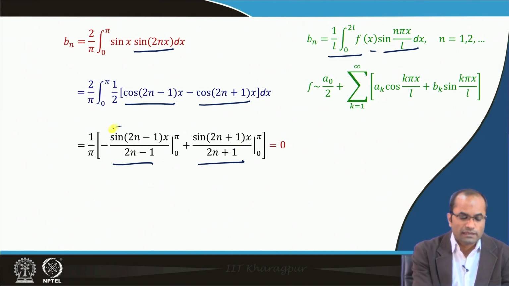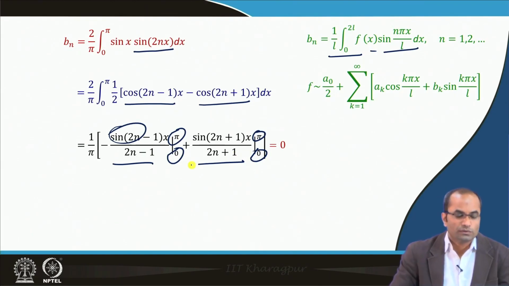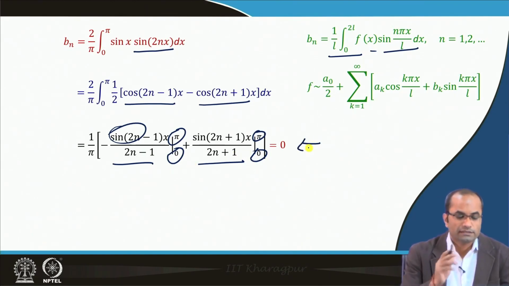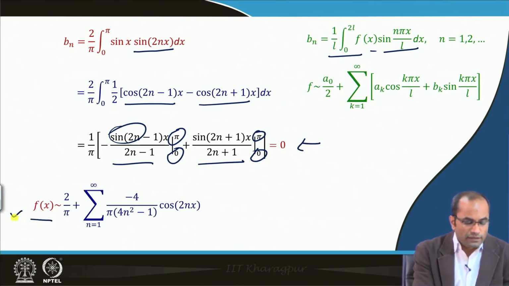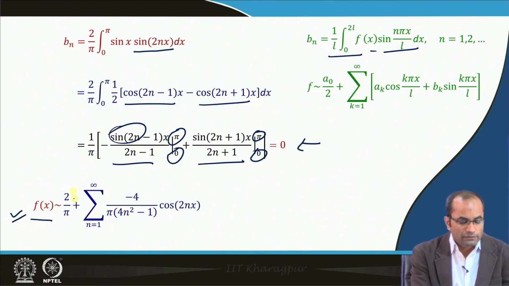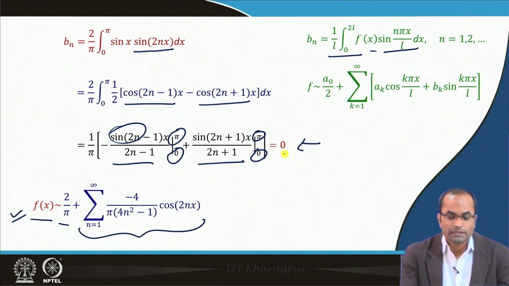Since the sine is here, whether we put pi or 0, this will be 0. So at the end we realize that b n is 0, and f(x) we can write down as a naught by 2, which was 2 over pi, plus the sum of a n cos 2nx only, because the b n terms are 0, so there will be no sin term.